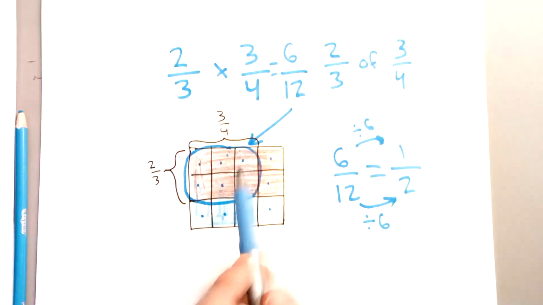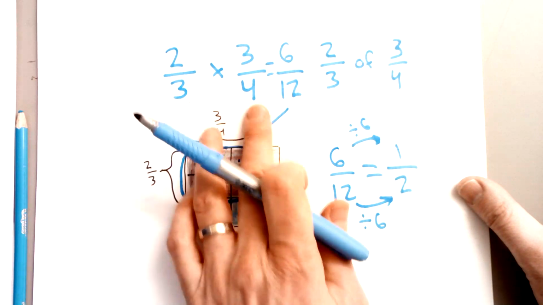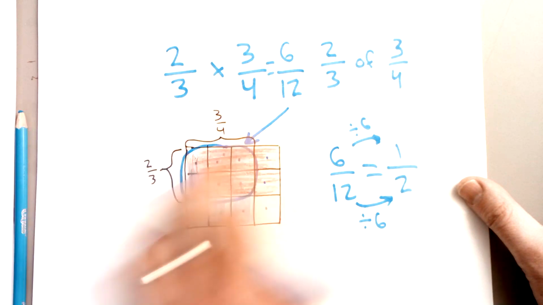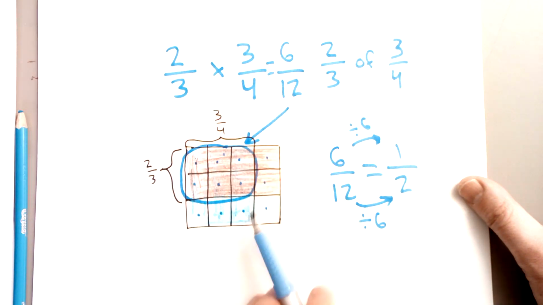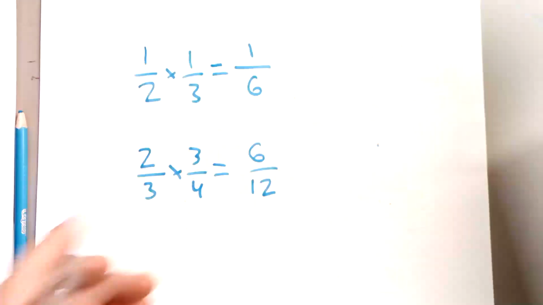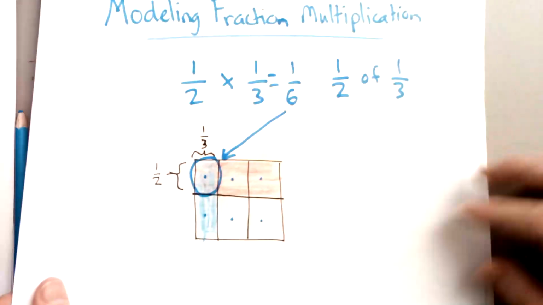Or if you start here with 4 columns, and then you split each column into 3 sections, 4 times 3 equals 12. That's why it works here. These models show you why this trick works, where you can multiply across the numerators and the denominators. Okay, it's how to model fraction multiplication with an area model.